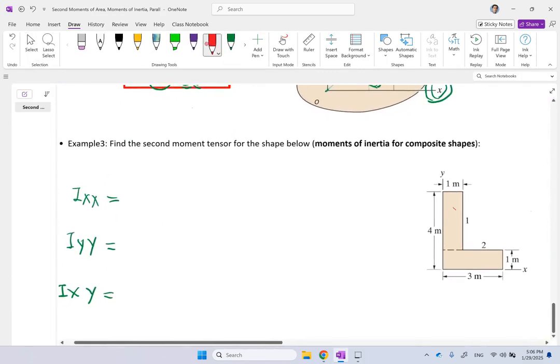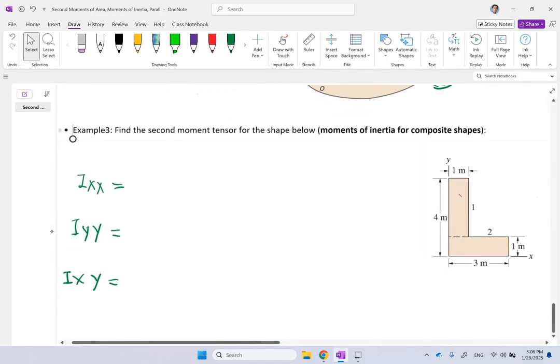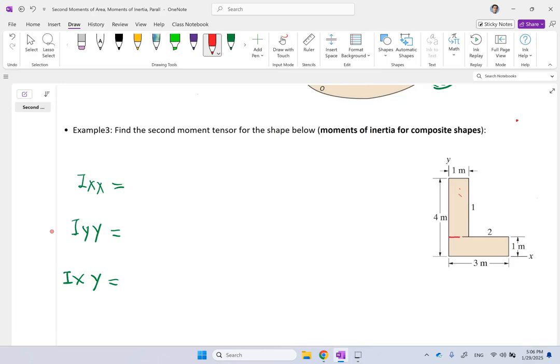Now this is an L, that's not a rectangle, but just similar to the composite problems in centroid, if you look at my centroid video, I can break this shape into two rectangles. So I'm going to draw a line here. Now I have rectangle 1, which is this guy, and rectangle 2, which is this one. For each one of them, I can calculate the terms based on the formula from the table, add them together, and I get this.